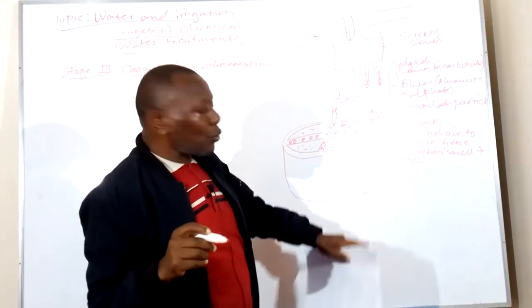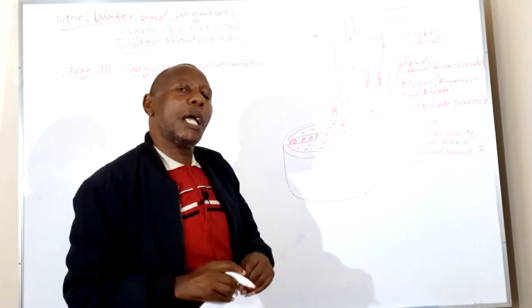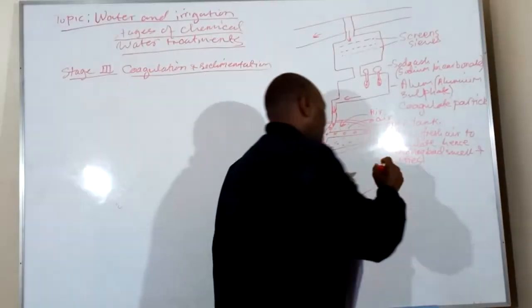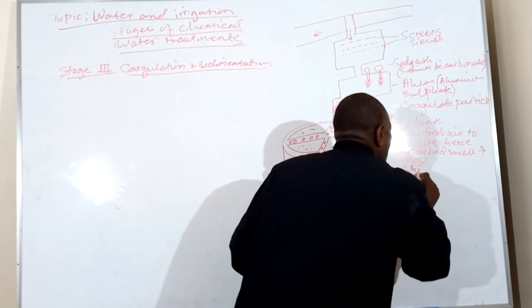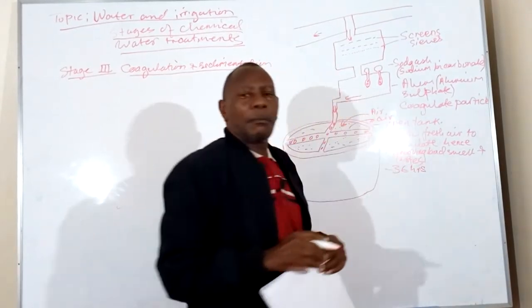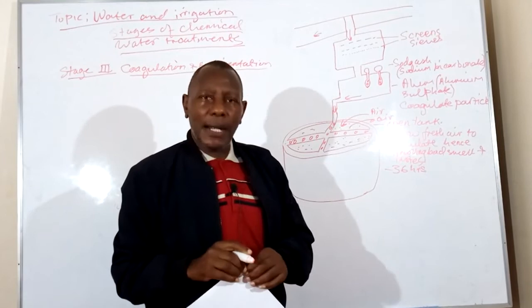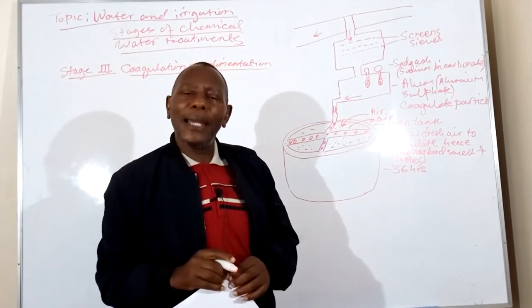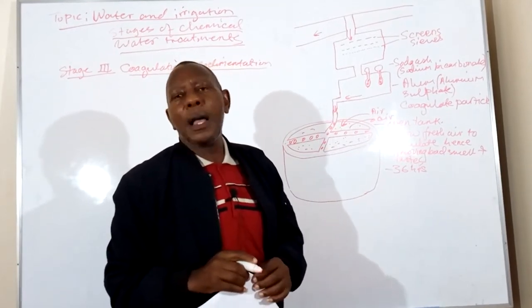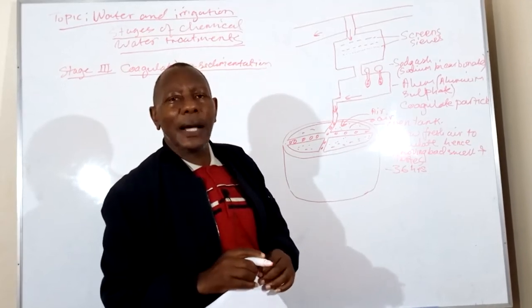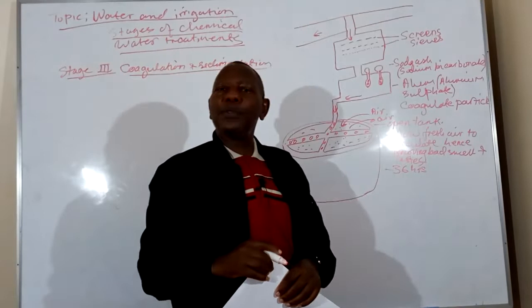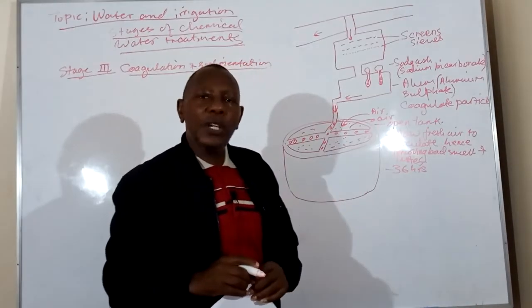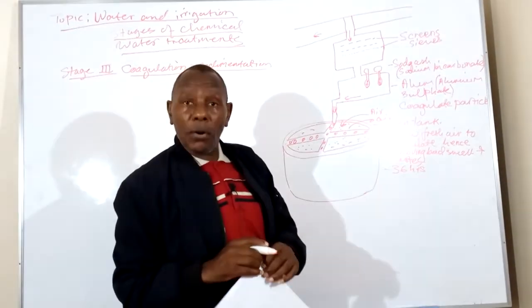Now, this water will remain in this tank for about 36 hours. The reason for that is to kill Bilharzia organisms, or Bilharzia pathogens. These pathogens of Bilharzia cannot survive in water that long.